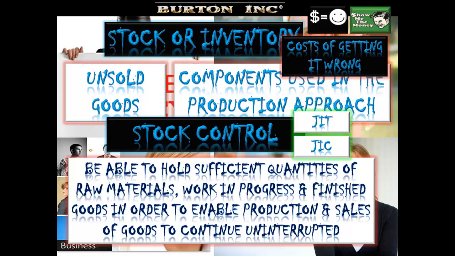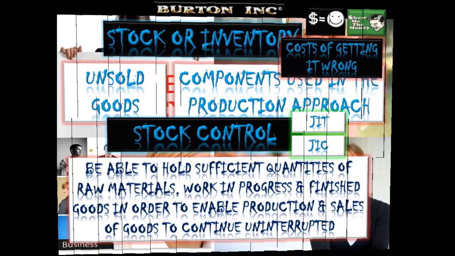Now, the significant cost of getting it wrong. If we run out of finished goods to supply our customers, we're going to lose a lot of goodwill and a lot of customers. If we don't hold enough components in our production approach, then production is going to be held up and it's going to be very expensive.